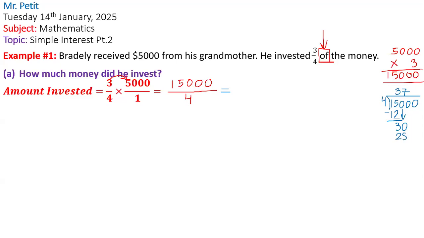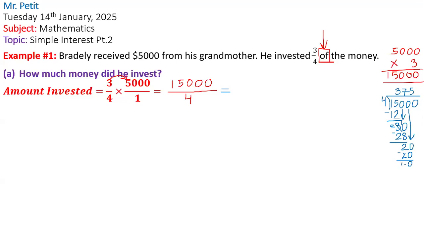Very good. 30 minus 28 is what? 2. Bring down the 0. How many times does 4 go into 20? 5 times. 4 times 5 is 20. 20 minus 20 is 0.